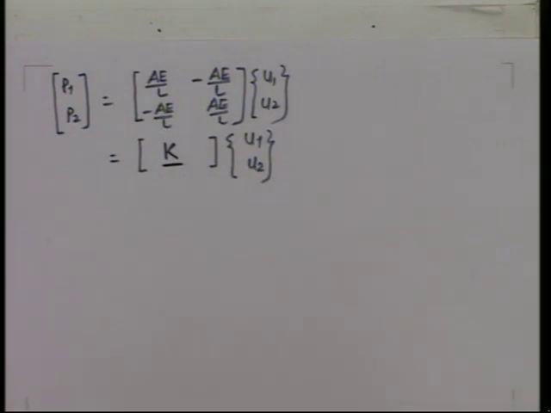But we know in structures, yes, this represents stiffness property of the system, and this is all our forces produced by unit displacements. So, stiffness matrix of a simple rod is given by this.